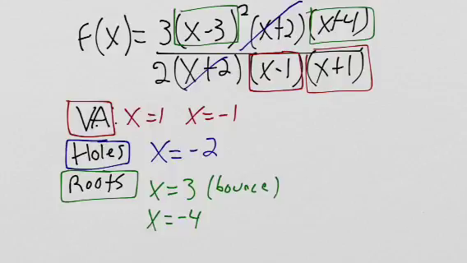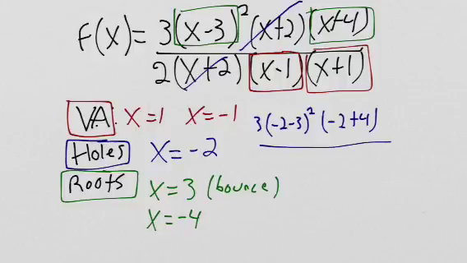Now, to find the y value of the hole, we have to take that negative 2 and plug it back into the function with the factors canceled. So we get 3 times (negative 2 minus 3) squared times (negative 2 plus 4) all over 2 times (negative 2 minus 1) times (negative 2 plus 1).